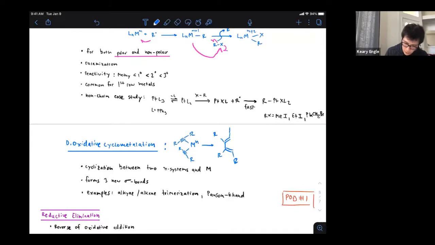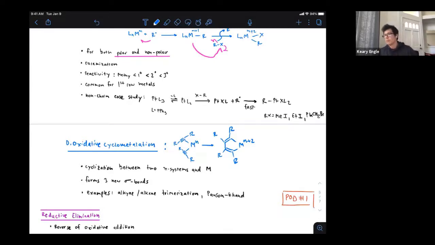And this is a process where you have 2 pi systems in a metal that can engage in a cyclization process that, like oxidative addition, increases the oxidation state of the metal by 2. It's more complexity generating in the sense that it creates 3 new sigma bonds, 1 between the 2 organic fragments and then 2 between the organic fragment and the metal.